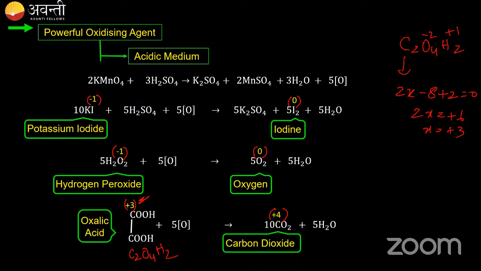Okay, oxidation. So these are the reactions and conversions happening in acidic medium. In all the acidic medium reactions, you might have observed that 5 electrons are lost here in the reaction, and the potassium permanganate is gaining them and getting converted.